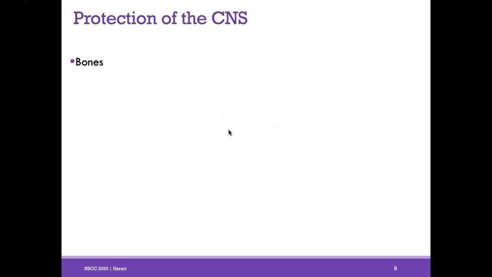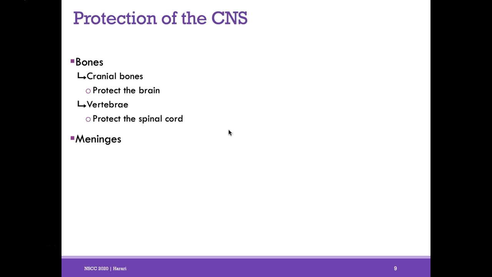So the CNS is a very precious part of our body and we need adequate protection. So we have bones that protect our central nervous system, like the cranial bones that protect our brain. We have vertebrae that protect our spinal cord. We also have meninges.